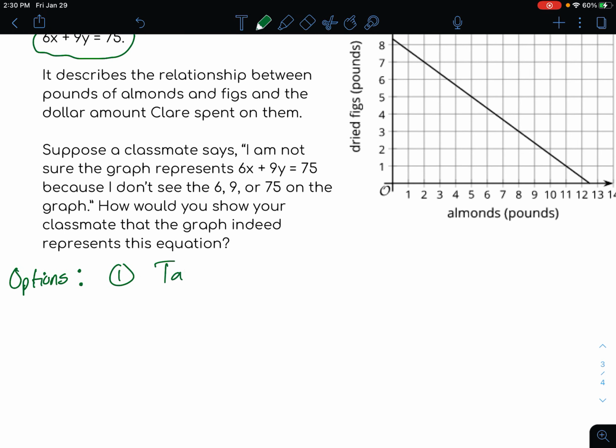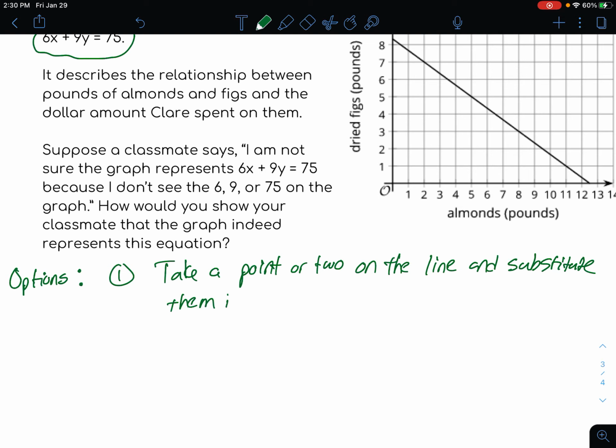All right, so take a point or two, I'm going to recommend two actually, on the line and substitute them into the equation to see if it is true.